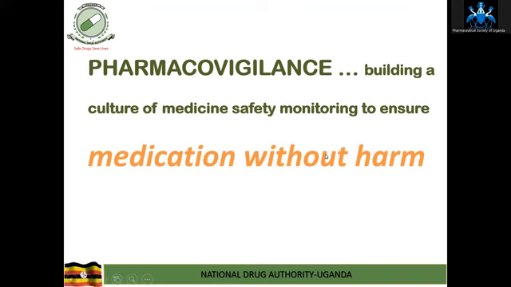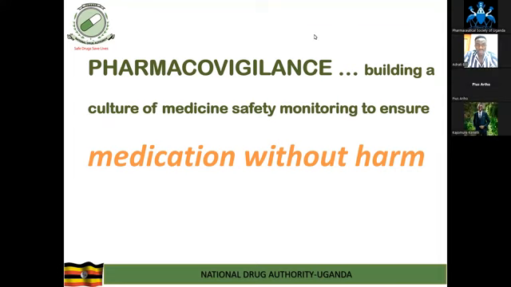So, the essence of pharmacovigilance, the ideal of pharmacovigilance, is to ensure that medication has no harm. That is in the ideal, but we all know that medication can cause harm. Now, as a pharmacist, as a healthcare professional, you can only add value by finding out what harm can come to someone and how exactly they can mitigate that harm.